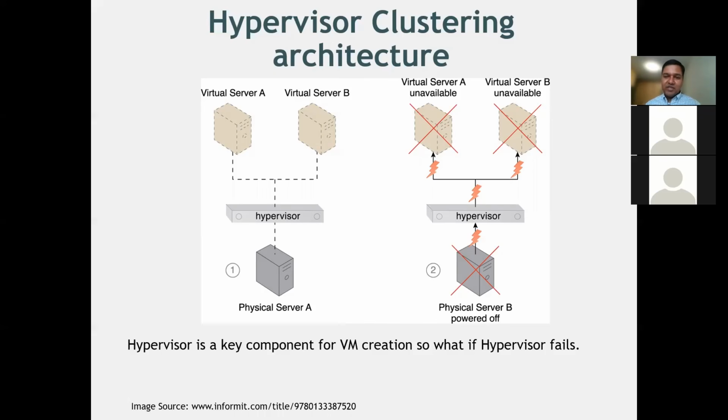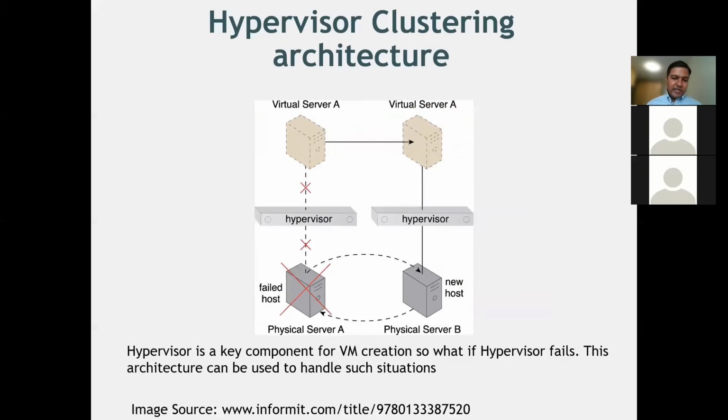The failure reason can be something simple or a complete hardware failure. To handle this, they have created the hypervisor clustering architecture. They have created multiple hypervisor backups, and they sense each other whether they are working or not. This architecture can be used to handle the situation where the hypervisor is failing.